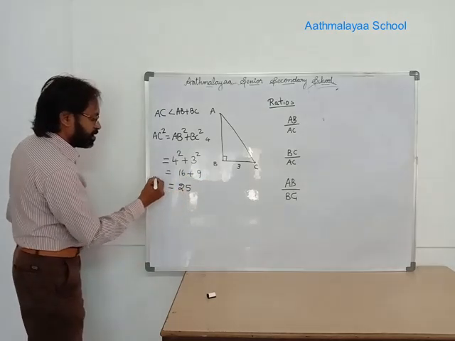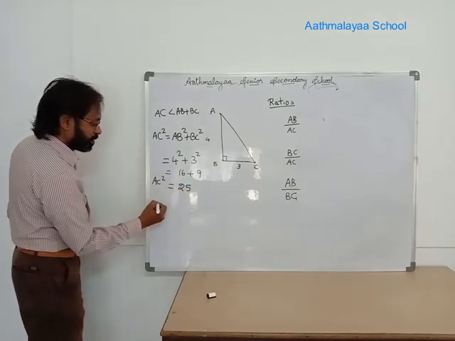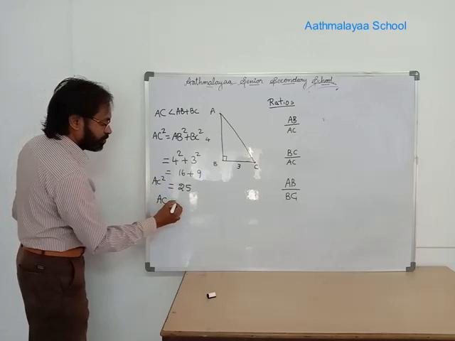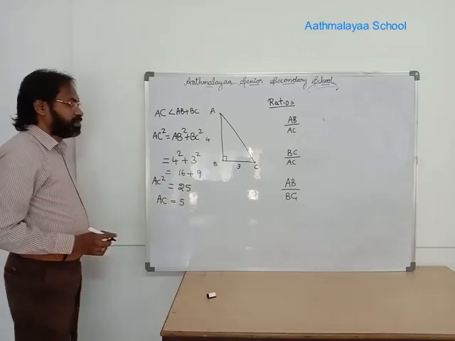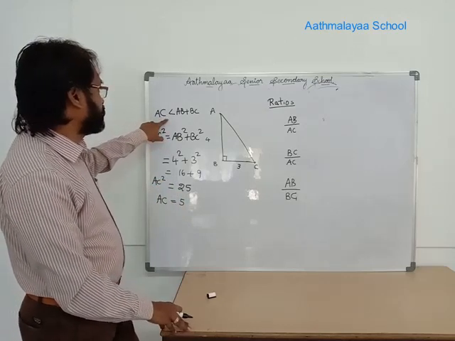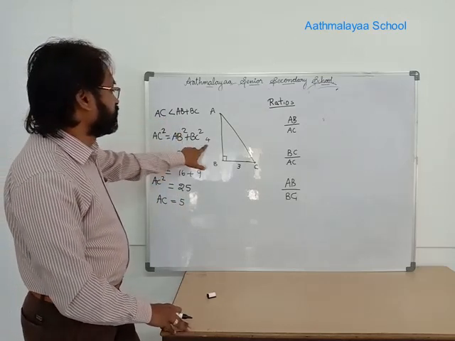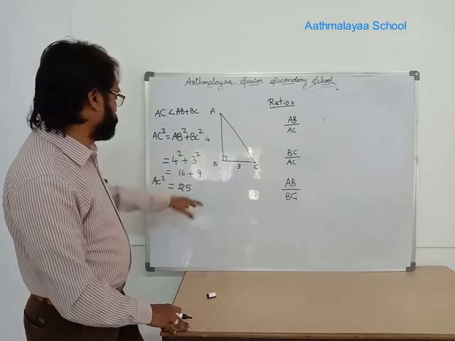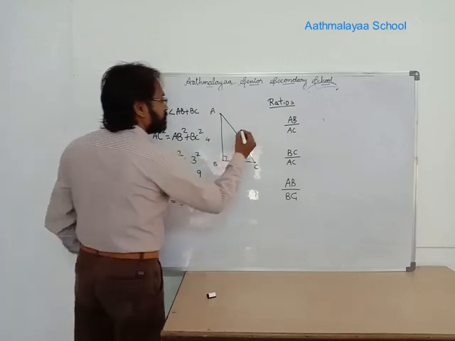So AC square is 25, therefore AC is equal to 5. And we have seen earlier that AC's length should be less than the sum of the two sides, and it is true.